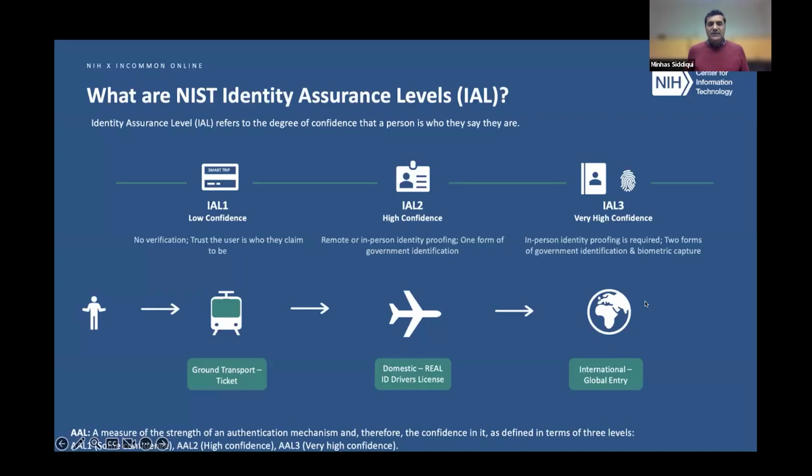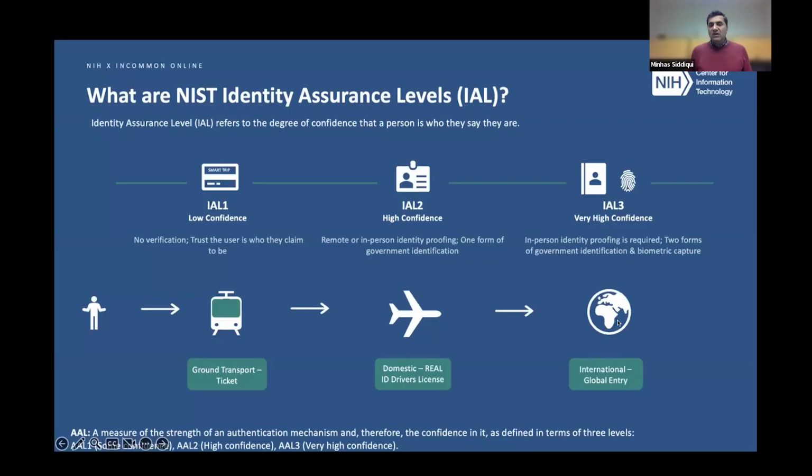At a high level, identity assurance levels refer to identity proofing, not authentication. In other words, this is about how your identity is established in the first place, not how you log in day to day. As the assurance level increases, so does the rigor of identity verification.